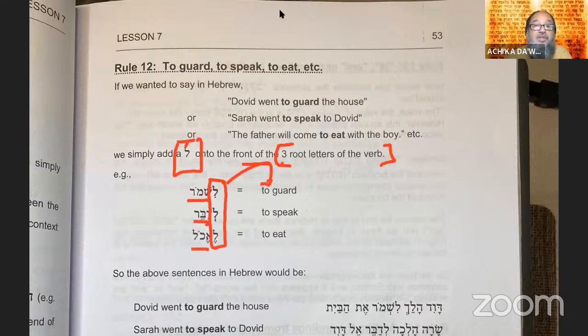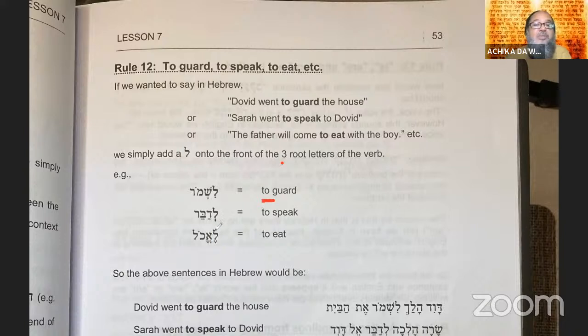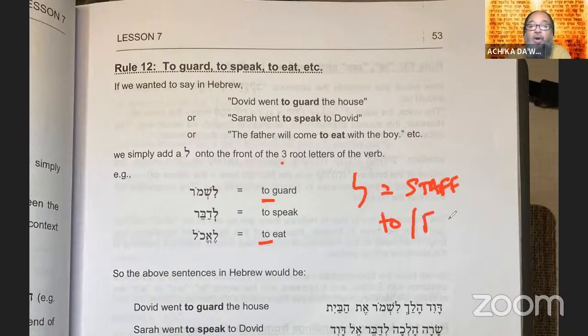So shamar is to guard, and to guard will be lishmor, or ladaber, or le'echol. Okay. It's just adding a lamed. And a lamed, again, on a side note, is a staff. So you would automatically know that this is to go to or for. So as soon as you see this on the front of any 3-letter root, you should know it means to.